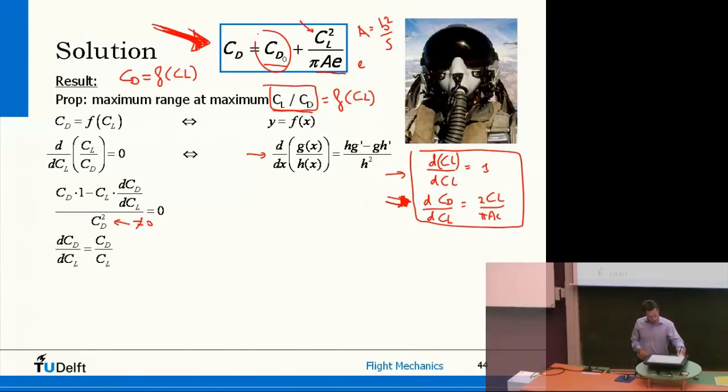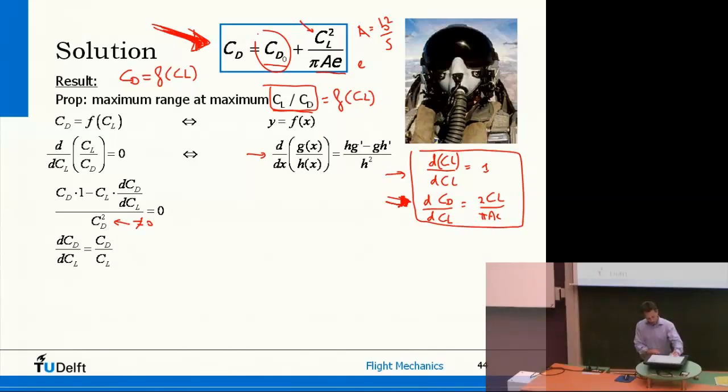So if you multiply crosswise, then basically what you find by solving it, you get 2CL squared over pi AE is CD0 plus CL squared over pi AE.